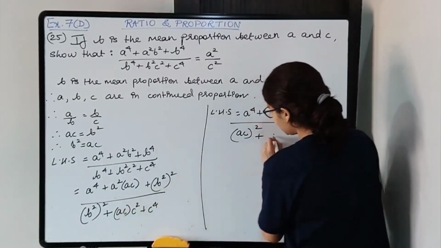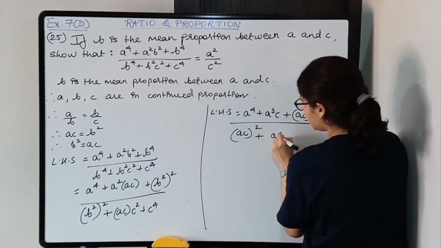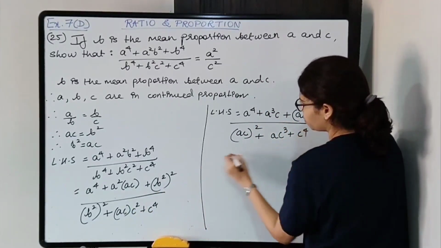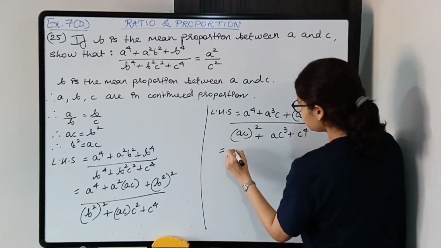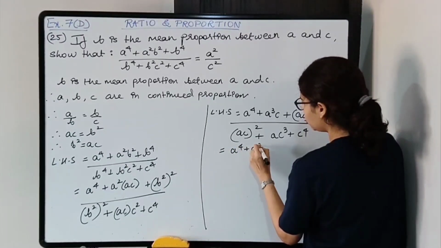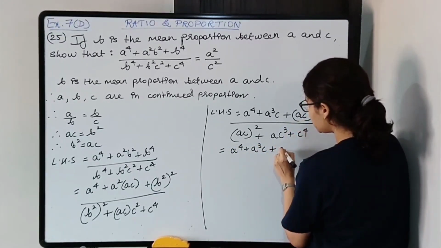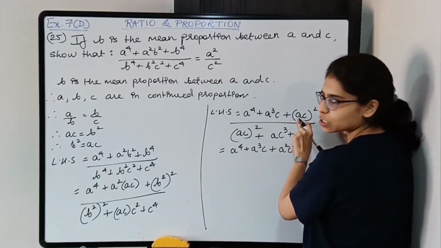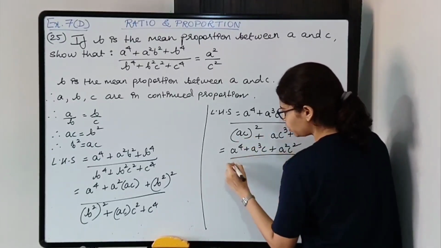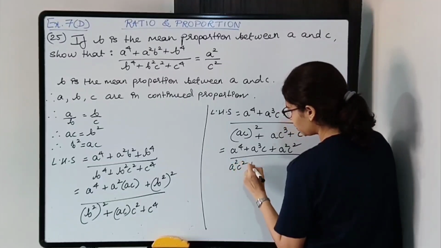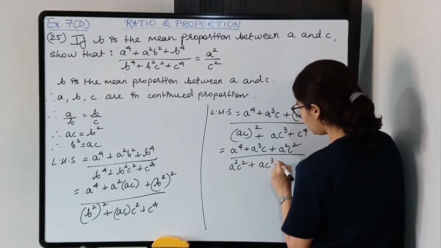A as it is and C into C square, C cube, plus C raised to 4. So A raised to 4 plus A cube C plus A square C square. Both these will get squared. Same thing here, plus AC cube plus C raised to 4.